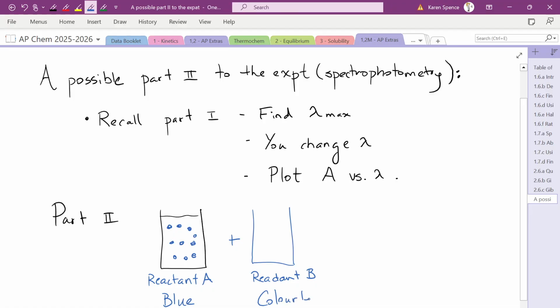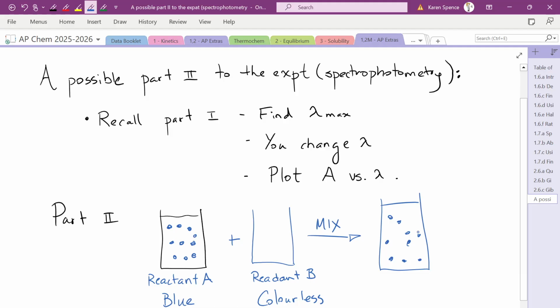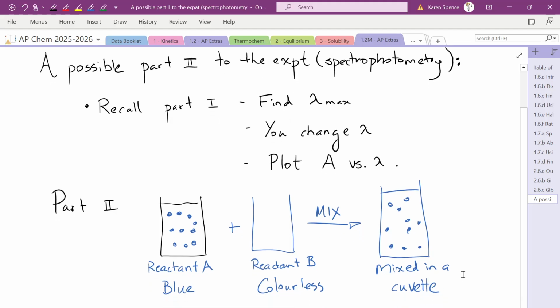And we're going to mix them together. They are mixed in a cuvette, which is like that little test tube thing.